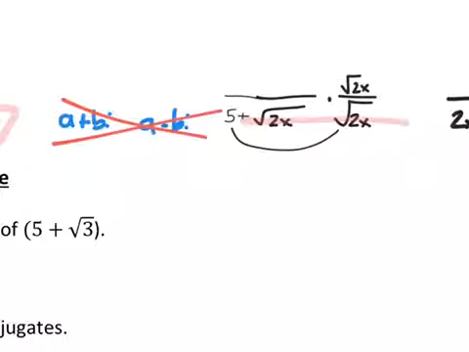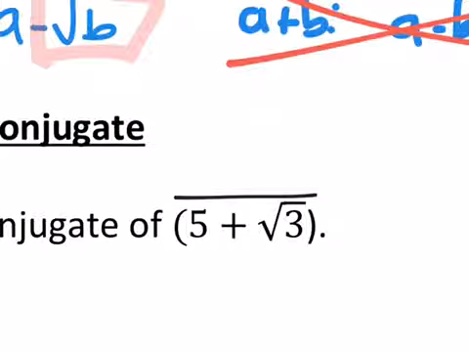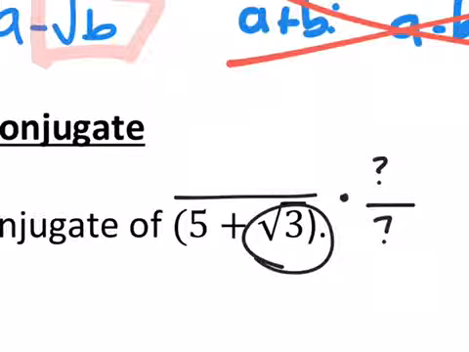So what conjugates help us do is, if this was by chance underneath a fraction, so this was a denominator, basically this conjugate section is what could we multiply by to get the square root to still go away.